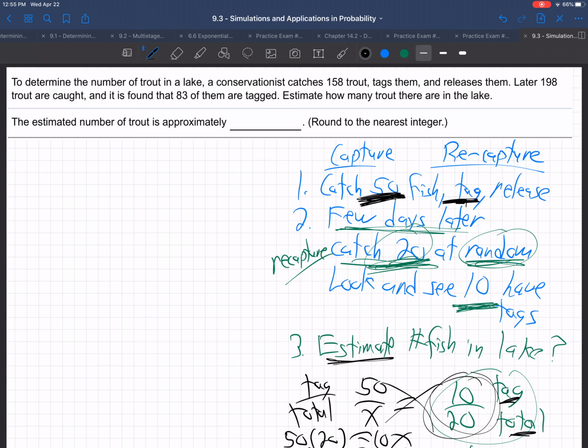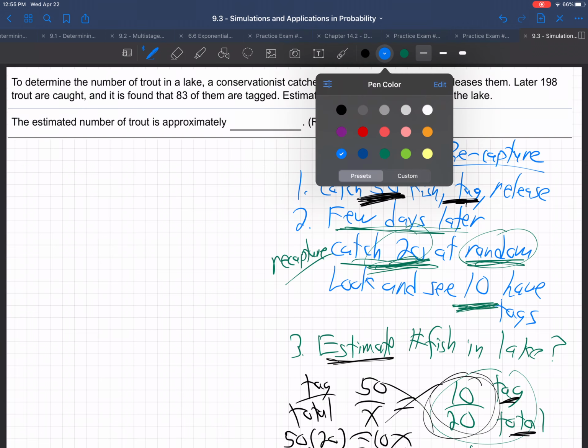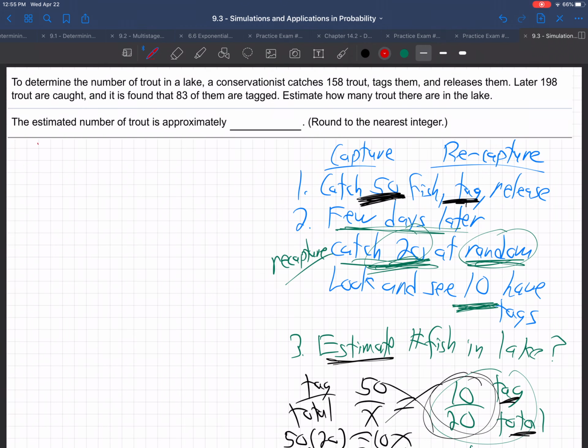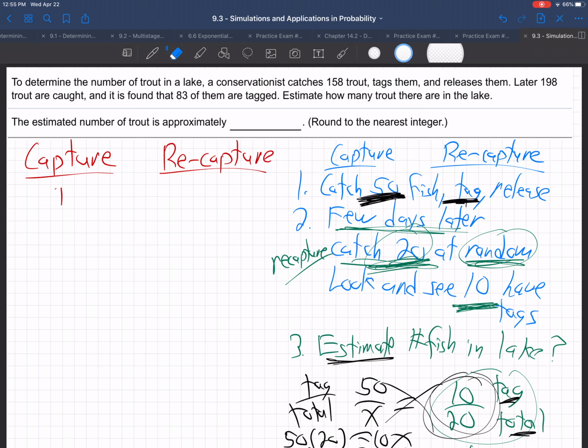So coming up here, there's the capture, and then there's the recapture. There's the tag number over the total number for when you first captured them, and then there's the tag over the total for when you recaptured.